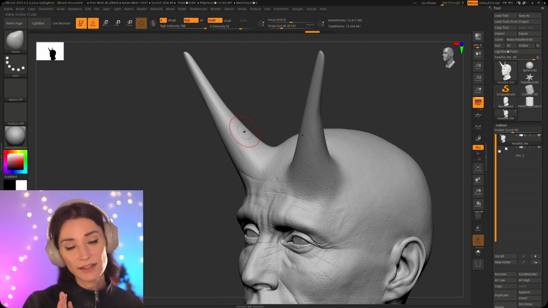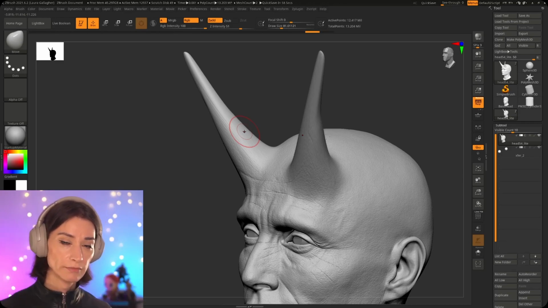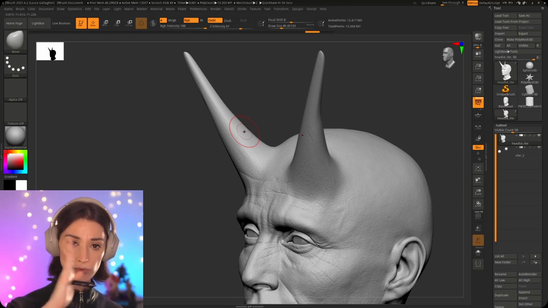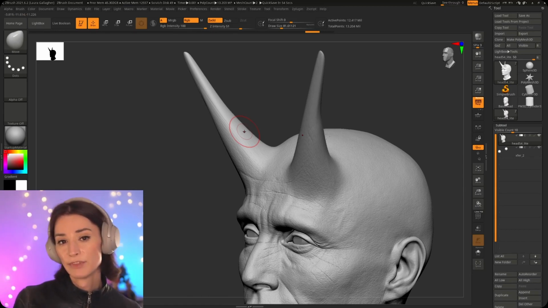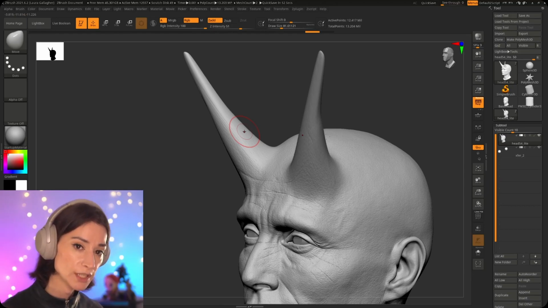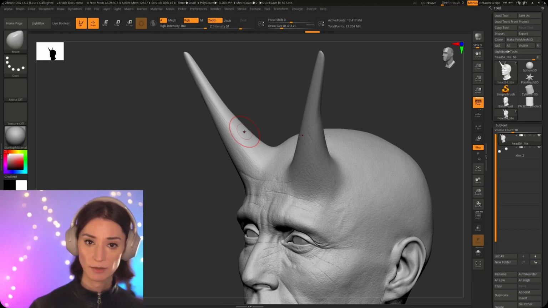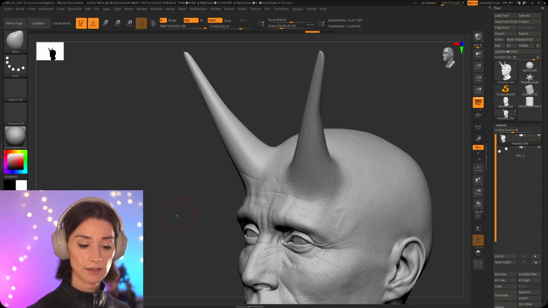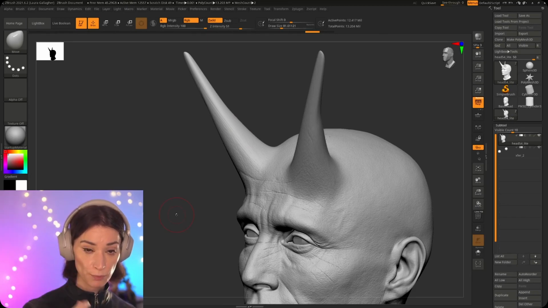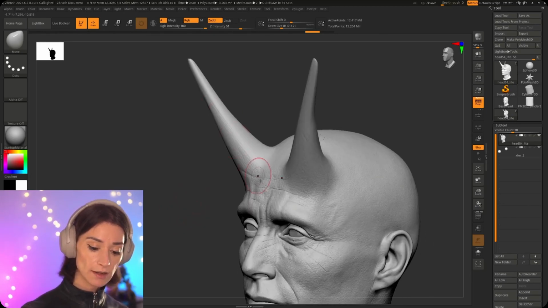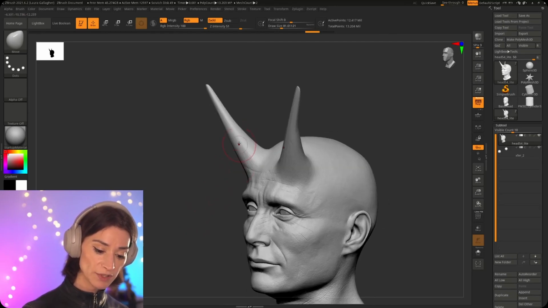I mean, it's technically true of Dynamesh too, but at least when you're in Dynamesh, since you can't play through subdivision levels, you probably are not going to realize that your smooth brush is dependent upon the resolution, or the strength of your smooth brush, that is. So, you can kind of see what's going to happen here, right?